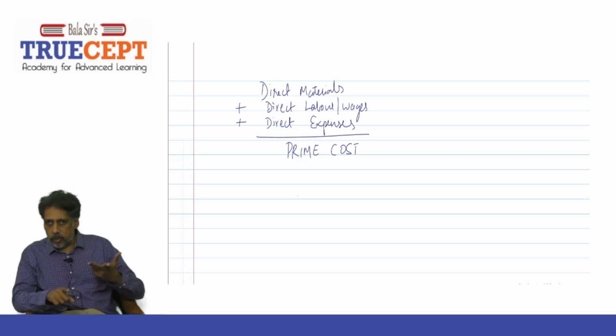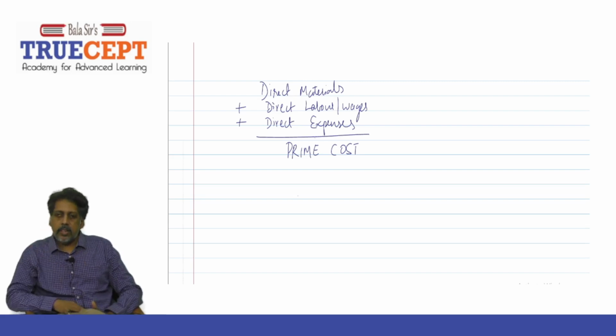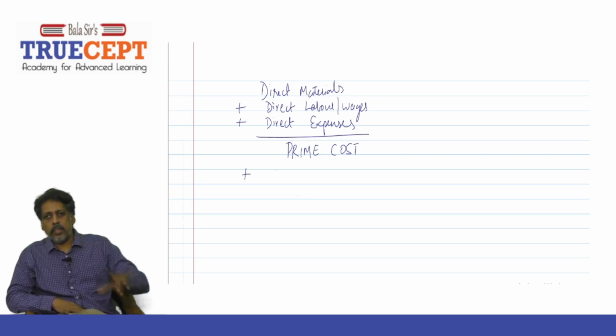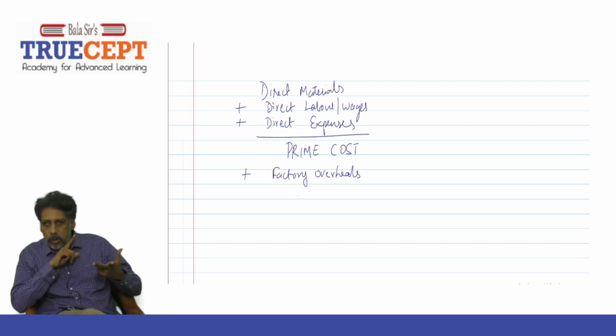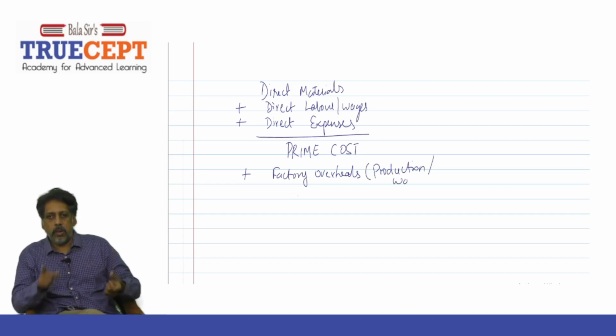Then you should know this also. To the prime cost, make a note, prime cost plus factory overheads. Factory overheads is also known as production overheads or works overheads, keep it simple, production overheads.